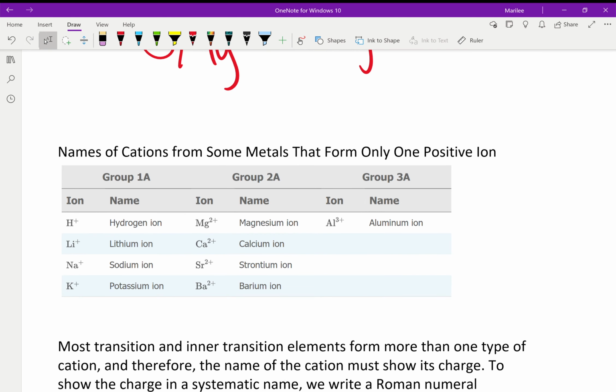So this table here has the names of cations from some metals that form only one positive ion. So hydrogen, you lose an ion, it becomes hydrogen ion. Lithium is lithium ion, sodium is sodium ion, potassium, potassium ion, and so forth.